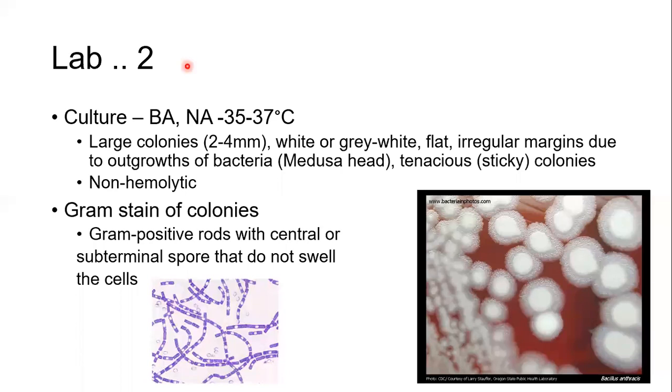In fact, even in cultures, they tend to form spores in older cultures more than in young cultures, because in young cultures the media still has plenty of nutrients, but as the culture stays longer, spores start forming. Is that okay?